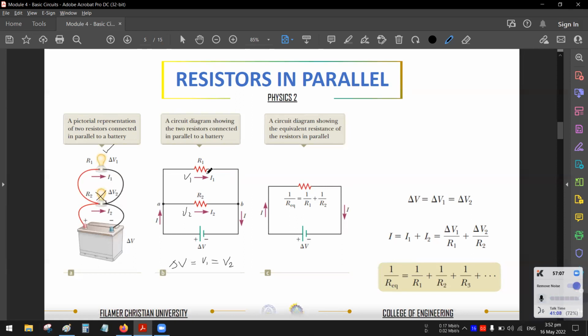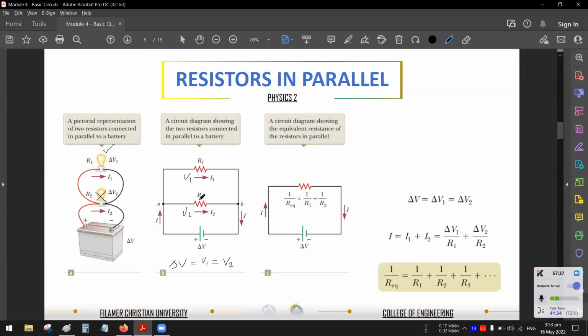This point is what we call a junction. A junction is any such point in a circuit where a current can split. This split results in less current in each individual resistor, as if you divided your full current into two.